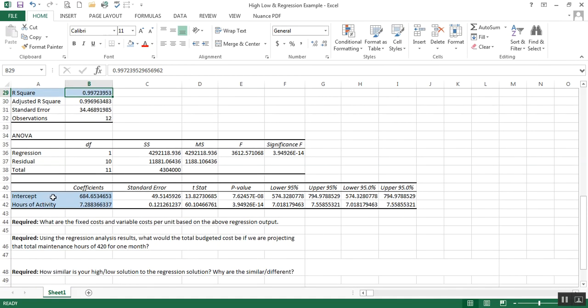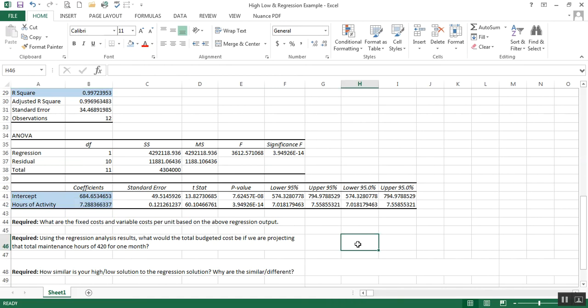Remember we talked about the X and the Y axes? Well, the fixed cost is where the line intercepts the axis. So this is going to be your fixed cost, $684.65 rounded. The hours of activity coefficient is going to be your variable cost, $7.29 rounded.